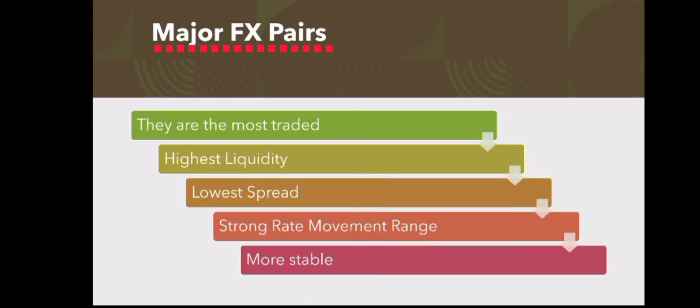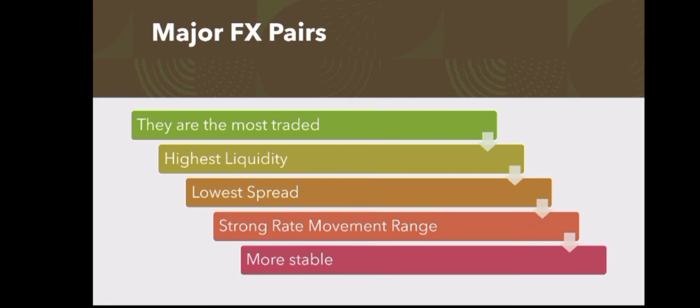Major pairs. Major pairs are the most traded pairs in the world. They are the most convenient pairs, not just to beginner traders but even to advanced traders. They have the highest liquidity and the lowest spreads.